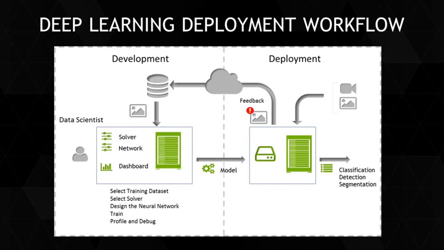Typically, the development stage is the domain of the data scientist, who will be iterating over designs for the model, trying to improve model performance. This is a very computationally expensive process, so it will typically take place in a data center or on a high-powered GPU-accelerated workstation.